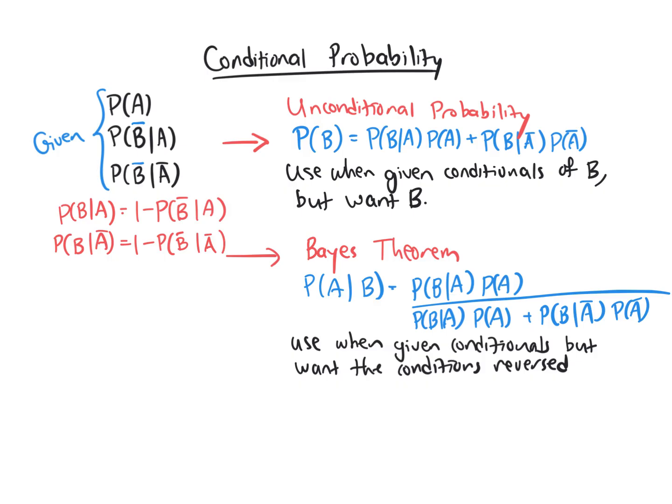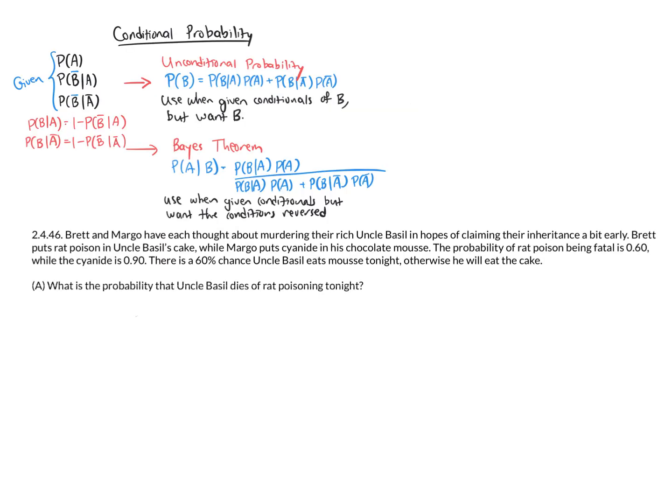When I know information about outcomes when I don't study, I can't find information about outcomes when I do study. But I can flip around my B and B bar. So let's turn to an example, and as we work through this example, we'll look at our formulas and try to figure out what applies in each setting.